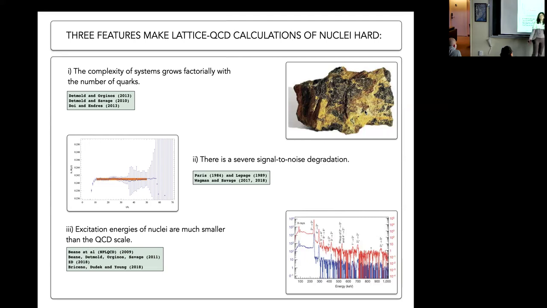We're talking about hundreds of kilo electron volts of difference between excitation gaps. And the mass of these objects is of the order of hundreds of giga electron volts. So we're talking about orders of magnitude difference between the ground state and the next excitation. We have to have that much resolution. It's not realistic. Forget about it.